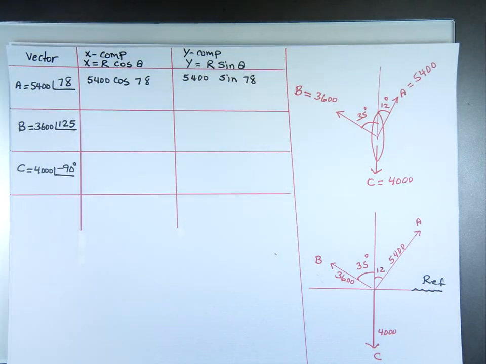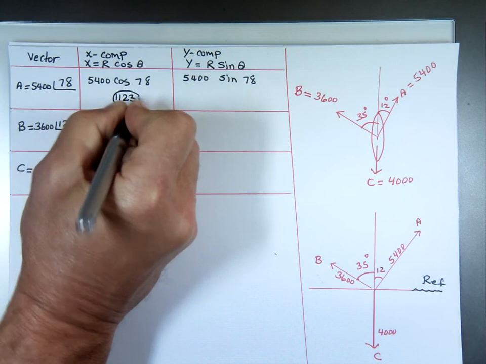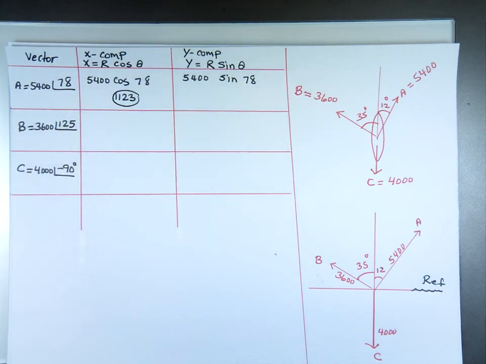We'll round them to a whole number. We're not going to use decimal places here. 1123. Five two eight two.